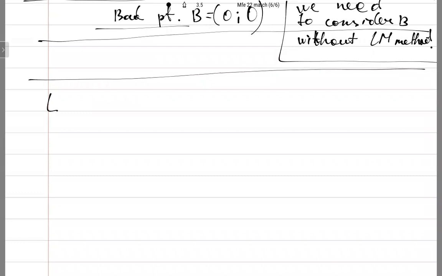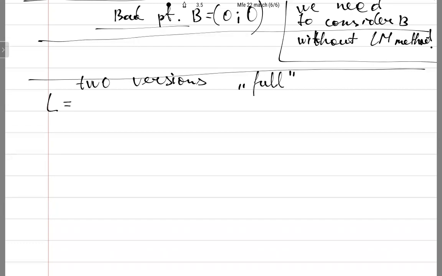Okay, let's move on. We have two versions of the Lagrange multiplier method. We have a version with three lambdas, and we have a simplified version where we ignore the non-negativity constraints. I will write both, but I will solve only one of them because they are completely equivalent. Let's call the first the full one. I introduce three lambdas because I have three inequalities.